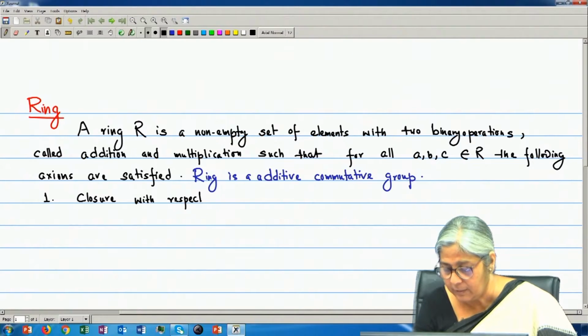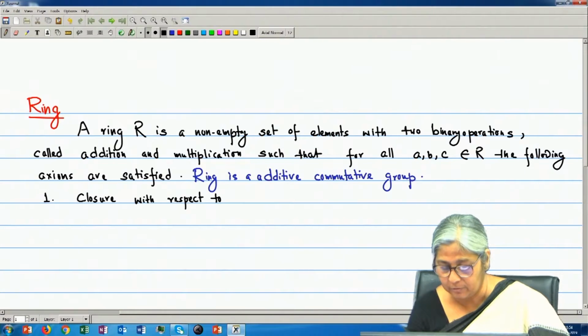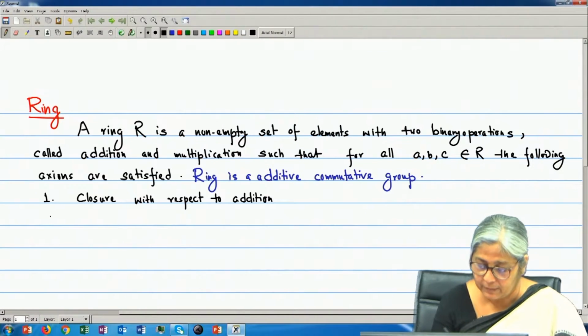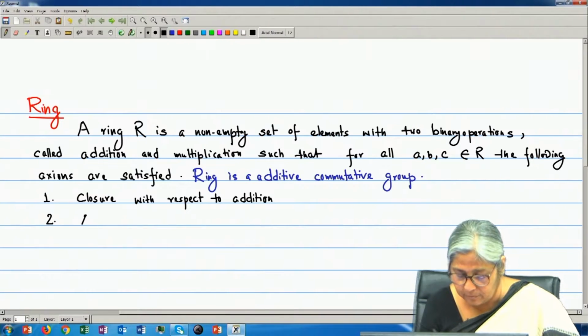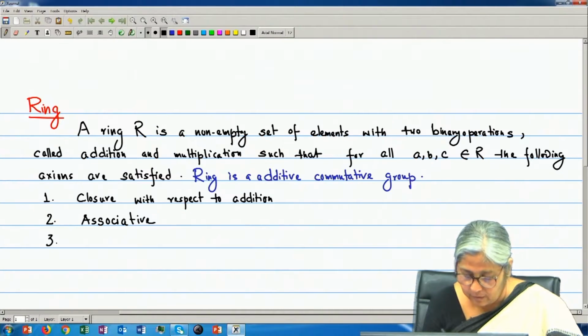When we defined the group, we considered only one operation, so with respect to one operation, say addition, we are considering first. Then it should be associative. It must hold the associativity.